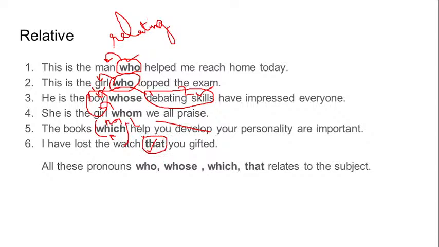Whatever the pronoun is, be it who, whose, anything, it relates to the noun just before the pronoun, the boy, girl, man, book, watch, whatever noun is there, living or non-living.